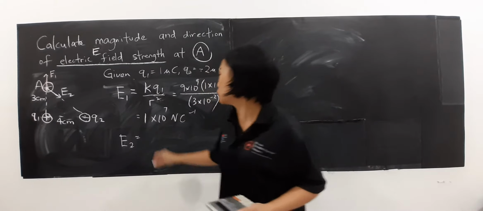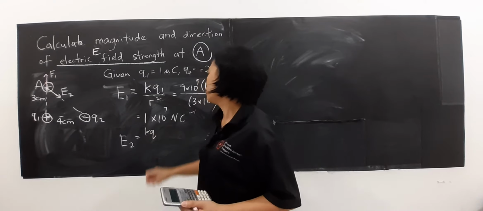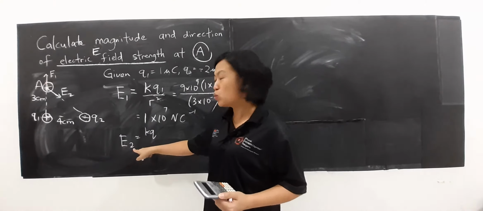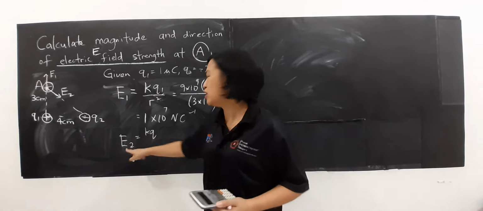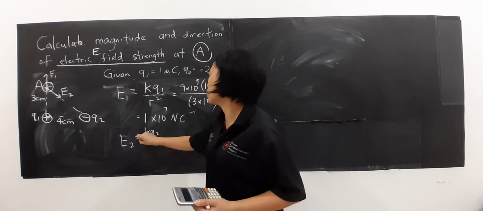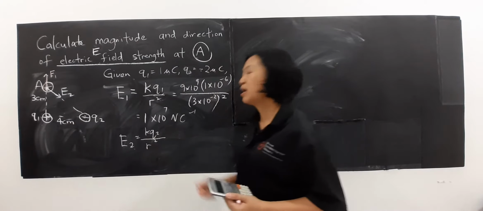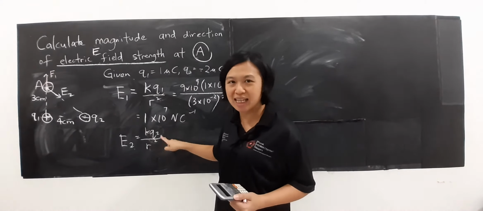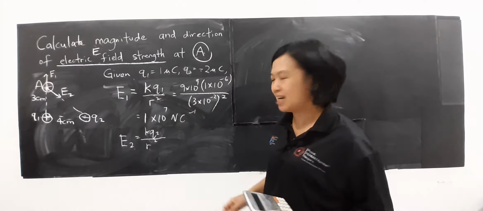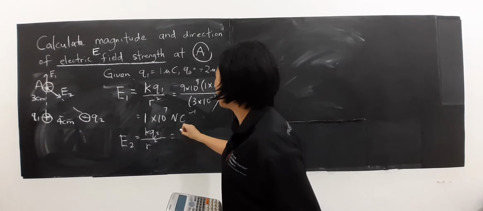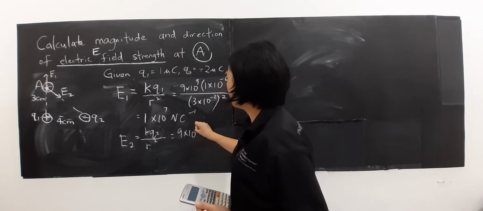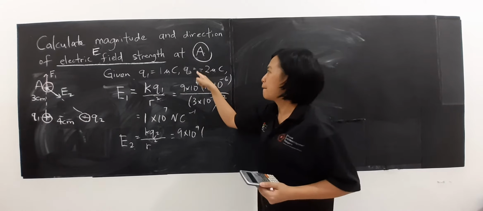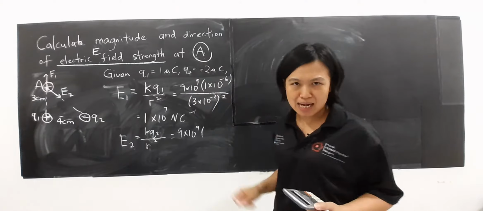As usual, use the formula for E2. If this is E2, who produces E2? Charge number 2 divided by r squared. Okay. This is the distance between Q2 and which point? Point A. Okay. So for this one, you get 9 exponent 9. The value of Q2 is given. No need to substitute the sign, remember?